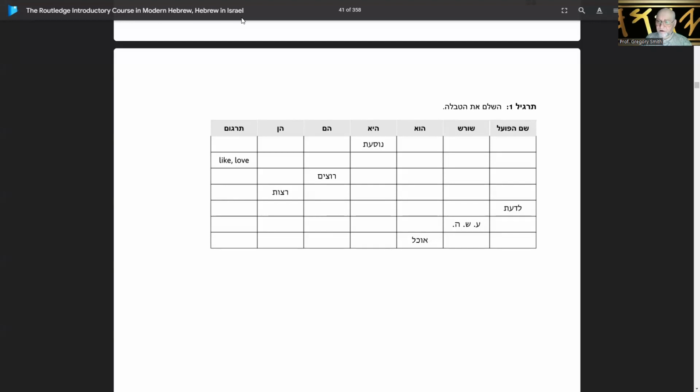And these charts are very useful and helpful because they begin to show you patterns. Everything in Hebrew is a pattern. Everything is like a root-driven language, and everything comes out of the root, just like a tree comes out of the ground, and it has roots, and it develops, and it has branches and leaves, and so on. This is kind of the way Hebrew is.